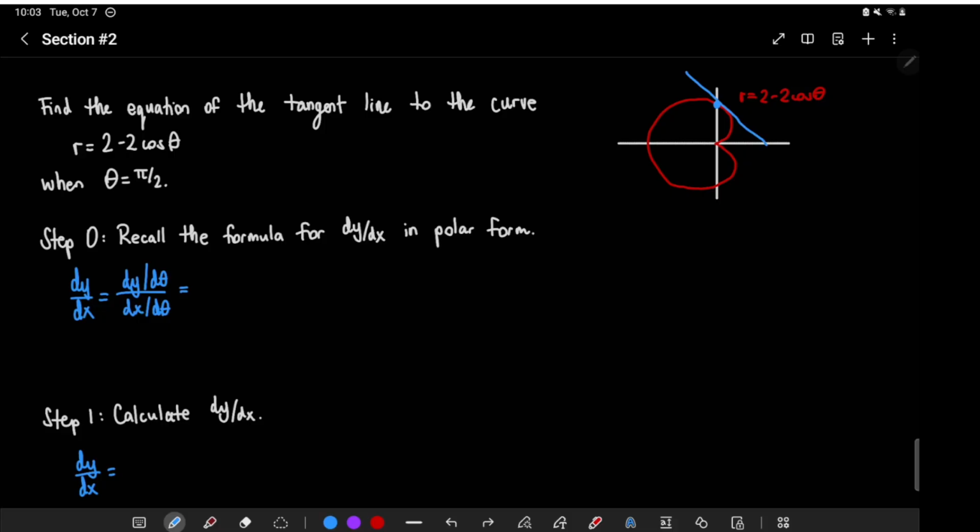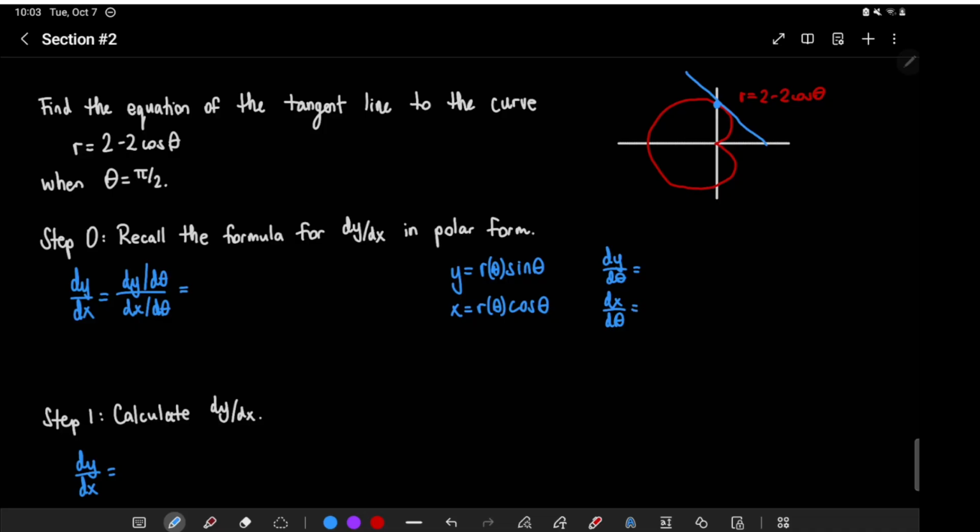We definitely know that y is r times sine of theta, and x is r times cosine of theta. And given the fact that r is written as a function of theta as well, I could think of r as a function of theta. And then to find dy d theta and dx d theta, we could just differentiate these things. This will give me the general form, and then we can plug in our actual equation.